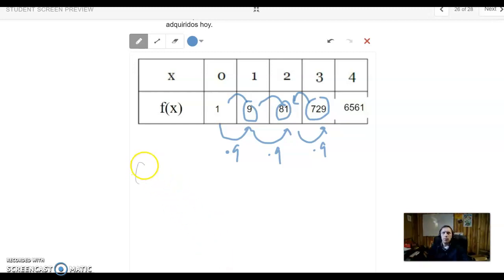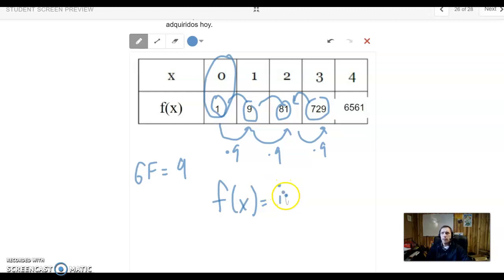And so my growth factor here is 9. My initial value comes right here from x equals 0, and so that's 1. So how do I write this equation? f of x is equal to my initial value times the growth factor to the x power.